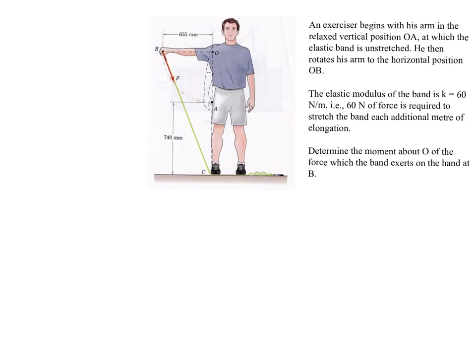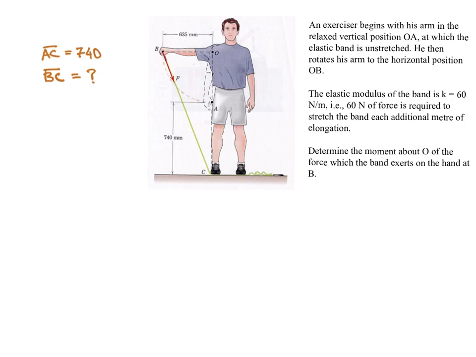So the length AC is given as 740. AC is the unstretched length. The stretched length is BC, and we have to find out what BC is.